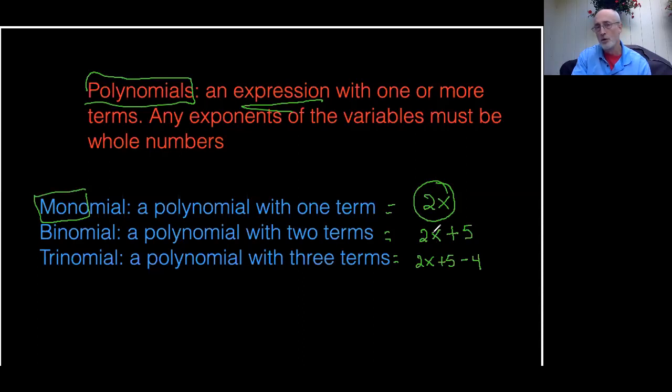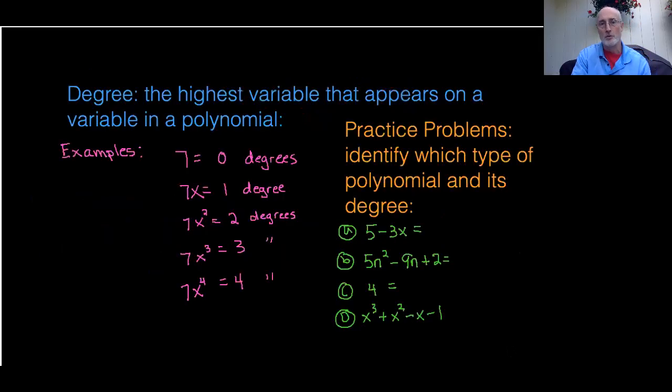So I've got 2 terms here, so we call it a binomial. And then a trinomial is a polynomial with 3 terms. So I've got 2x plus 5 minus 4. That's going to be a trinomial. Okay, so 1 term, 2 terms, 3 terms. We name those monomials, binomials, and trinomials.